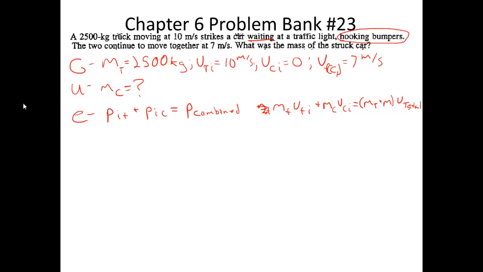So substituting everything in, we know that because our car was at rest, we'll have zero momentum for that. And we have 2,500 times our initial velocity, which is 10, is equal to 2,500 plus the mass of the car times 7.